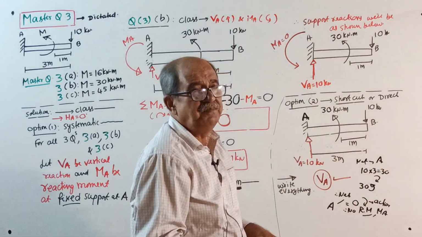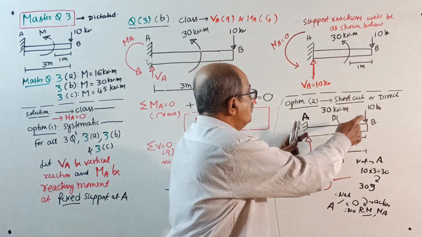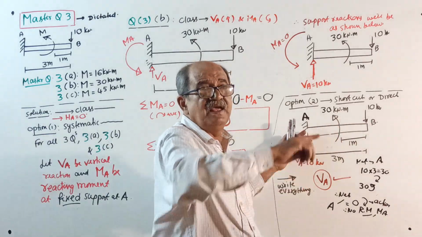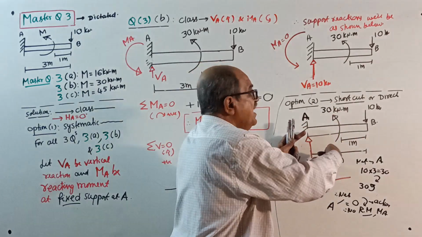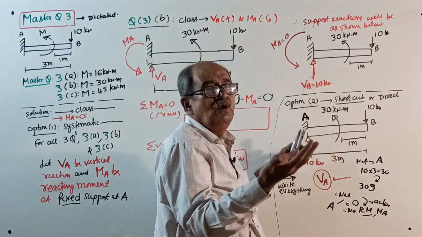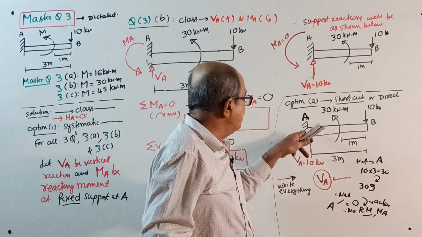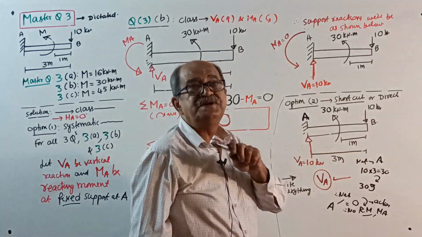That means in this beam, whatever rotational effect is there due to 10 kilonewton about fixed end A, that is 30 kN in clockwise direction, is balanced by the rotational effect of that couple, 30 anti-clockwise. Therefore, there is no rotation. Even if the support is simple support or pinned support, it will be stable.